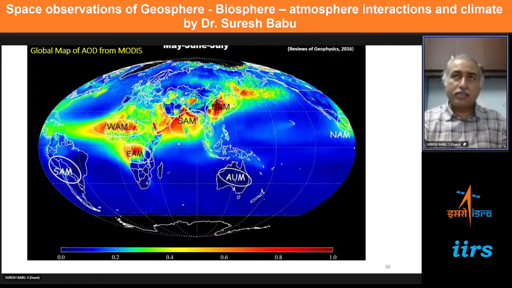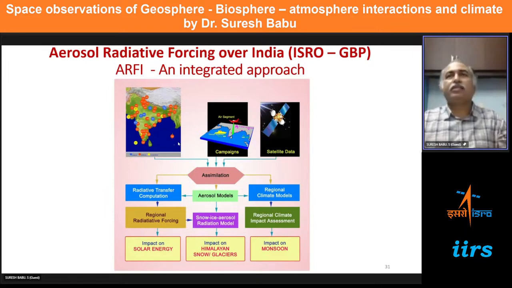In this context, ISRO has formulated another program under the National Carbon Project called Aerosol Radiative Forcing over India project, where we have a network of aerosol observatories over India. We conduct specific campaigns to address specific processes related to aerosol forcing.